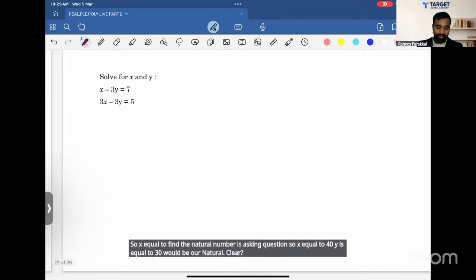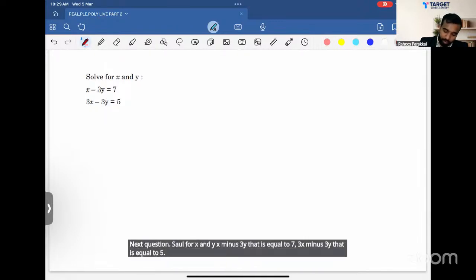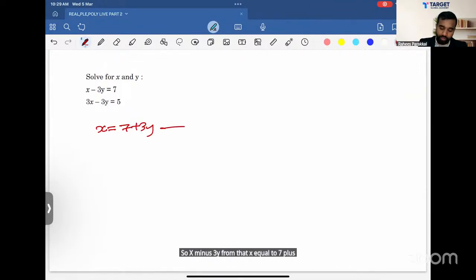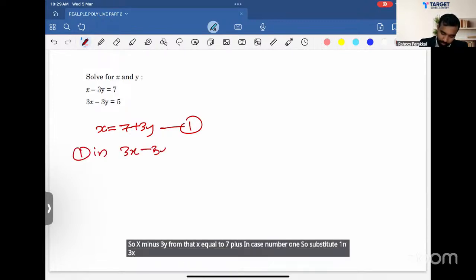Clear? Next question, solve for x and y. X minus 3y, that is equal to 7. 3x minus 3y, that is equal to 5. So x minus 3y, from that, x equal to 7 plus 3y. Equation number 1. So substitute 1 in 3x minus 3y, that is equal to 5. Equation number 2.